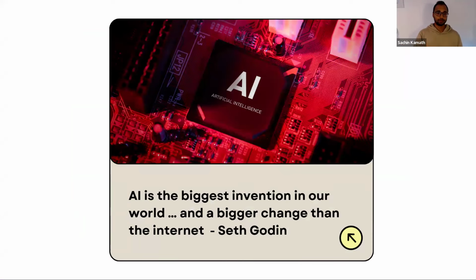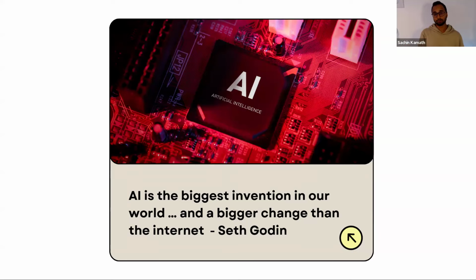Seth Godin is one of the most influential marketers and thinkers of our time. He recently said AI is the biggest invention in our world and a bigger change than the internet. Since the internet, we have seen huge advancements just in the past couple of years.